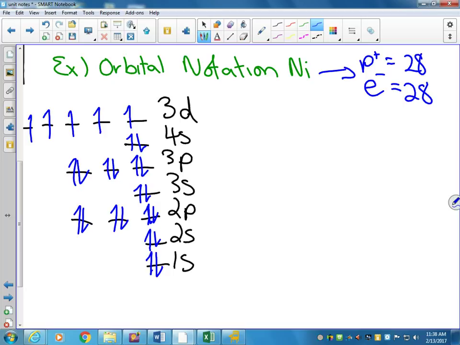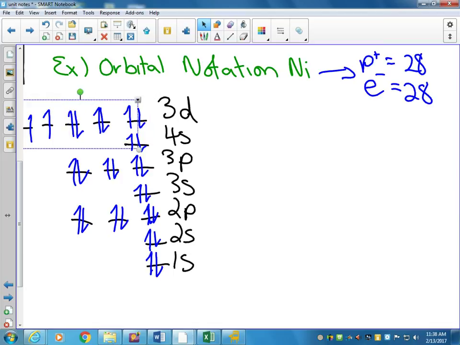Now I have 3 more left. Does it really matter which orbital they belong to? They're all the same energy level. As long as I have 3 more electrons in any of those orbitals, with a max of 2 per orbital, I can go 26, 27, 28.